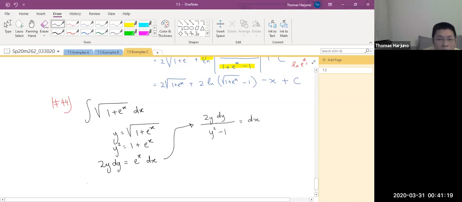So this integral suddenly becomes the integral of y times 2y dy over y squared minus 1, which is the integral of 2y squared over y squared minus 1 dy, as what we have up there.